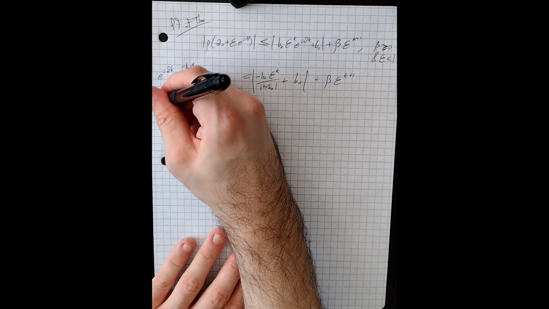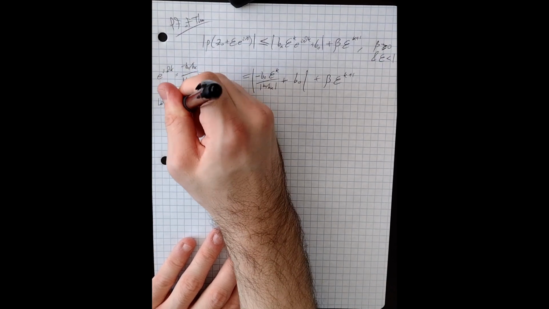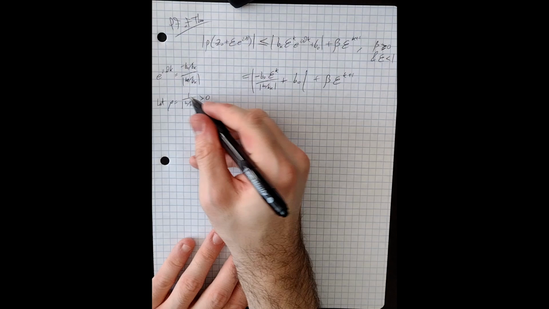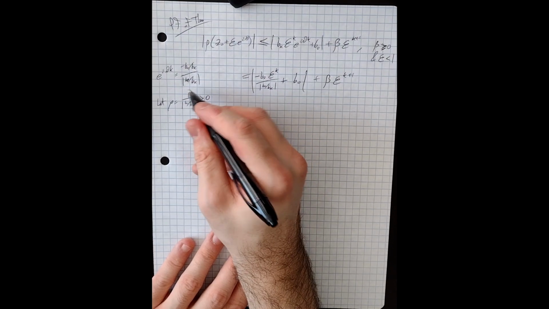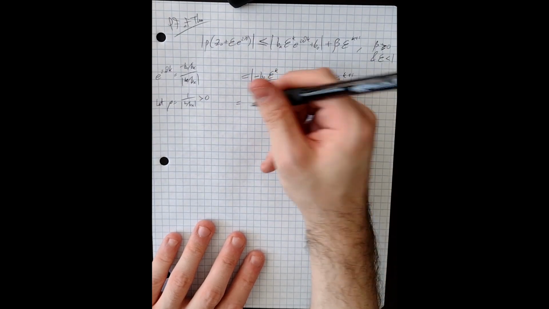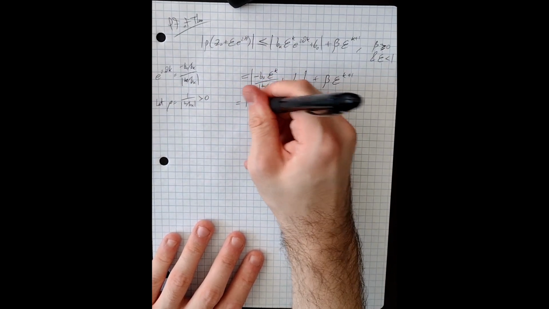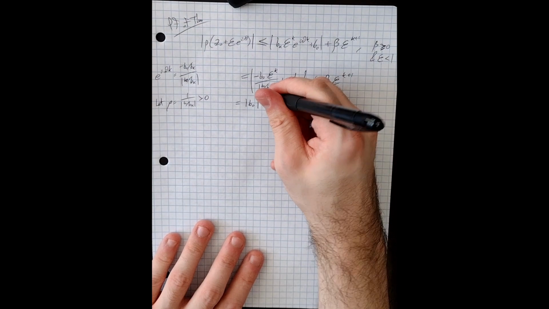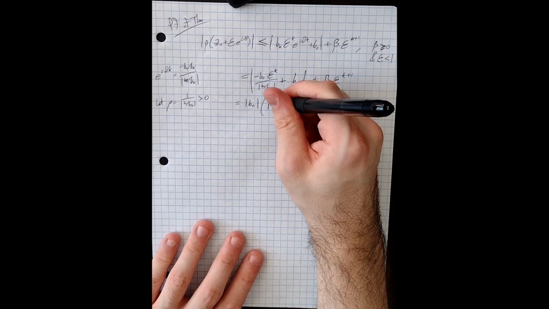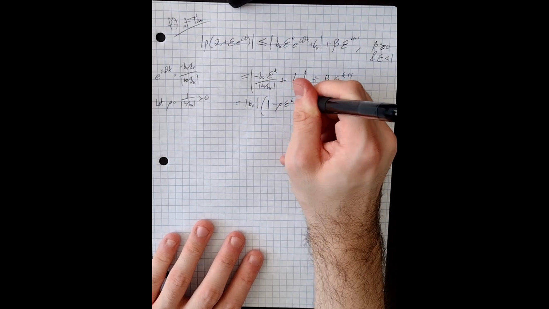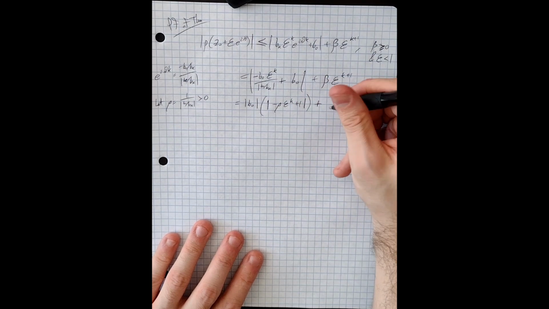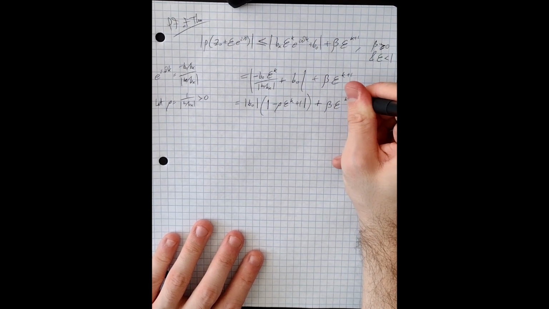And you know what? Let's just let rho be this number. It's some positive number. So b naught and bk are both non-zero. That is important for this. So it's equal to, I'm going to pull out the magnitude of b naught, and then we get the magnitude of negative rho epsilon to the k plus 1, plus beta epsilon to the k plus 1.